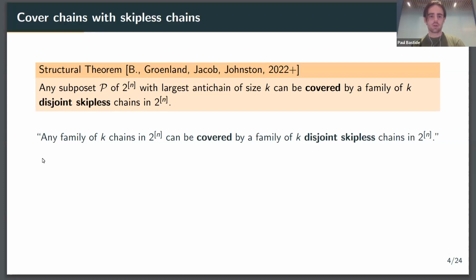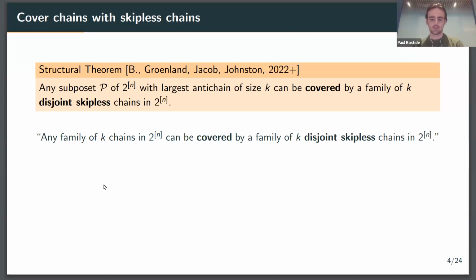And one way to formulate it is just saying that any family of k chains in the Boolean lattice, not caring about the poset, can already be covered by k disjoint skipless chains.